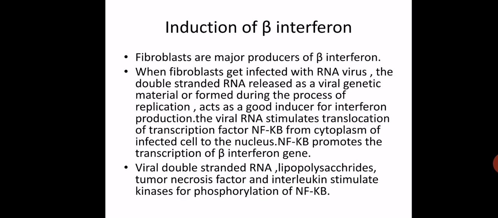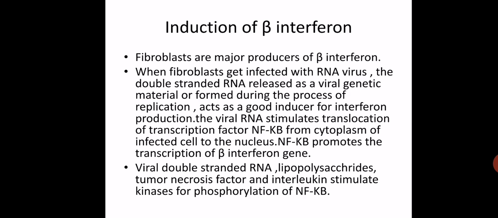So here what happens? Beta interferon is produced mainly by fibroblasts. Fibroblasts, when infected by RNA virus, release double-stranded RNA as genetic material, which acts as a good inducer for interferon production. Here the viral RNA stimulates the translocation, or movement, of transcription factor NFKB. This transcription factor promotes the transcription of beta interferon genes, and due to this transcription there is a synthesis of beta interferon.